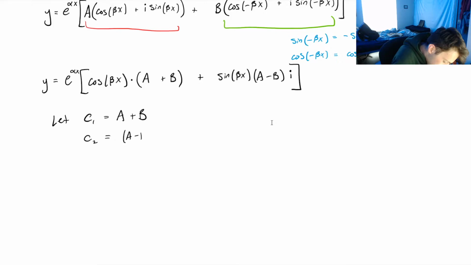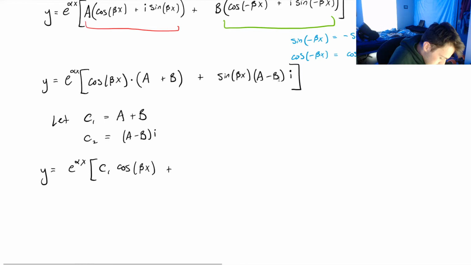So with these constants, we can simplify our general solution to have all real and imaginary solutions here. So e to the alpha x times c1 times cosine of beta x plus c2 times sine beta x.